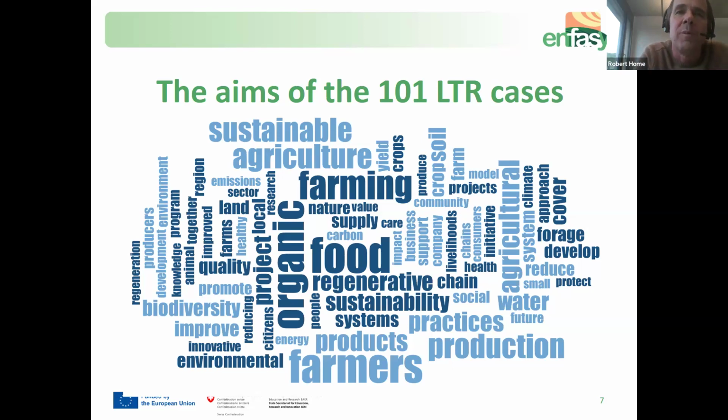And Rebecca has made a word cloud for us. We can see that the word food was the one which came up the most often. Organic farming, sustainable agriculture, farmers, things like that. We found this to be useful just for getting an idea about what we were looking at. And from this, we could come up with some categories to structure some questions for the in-depth case studies.